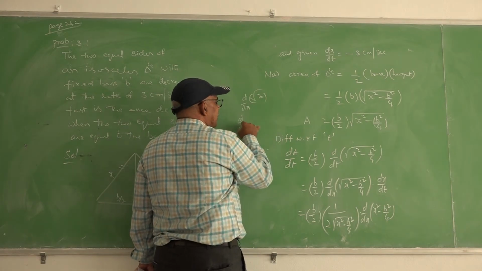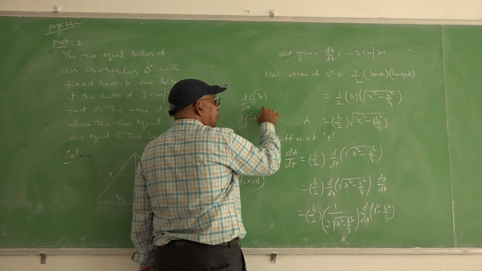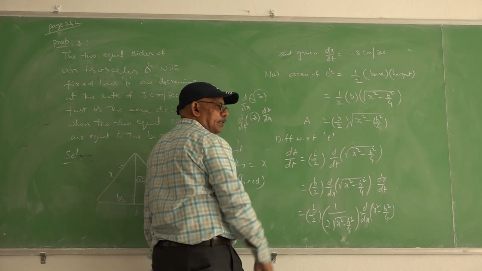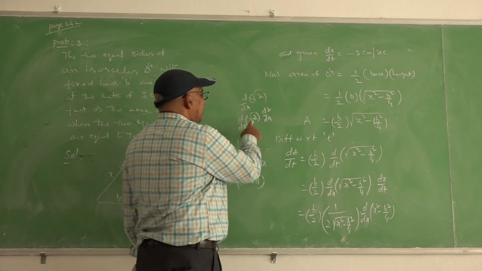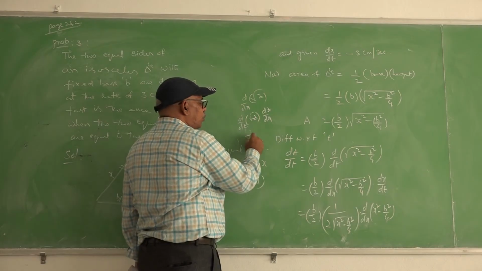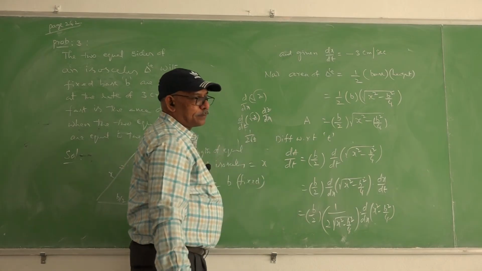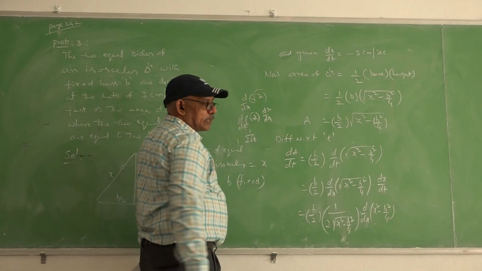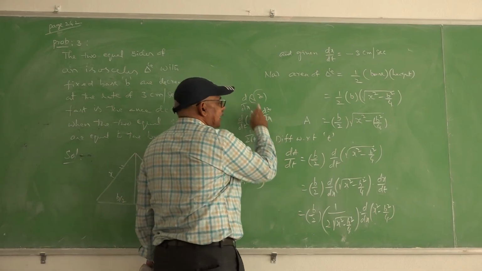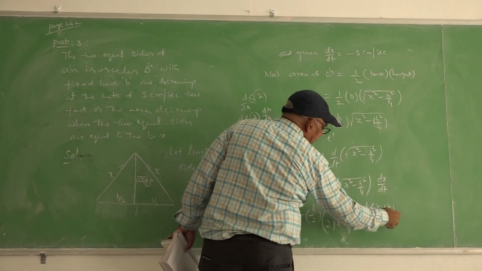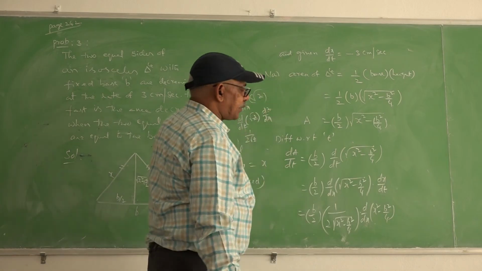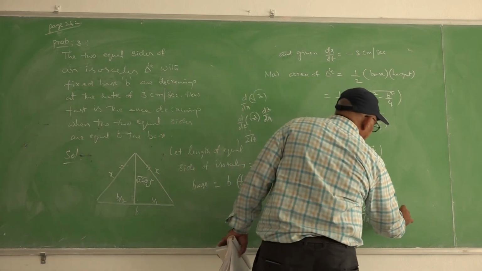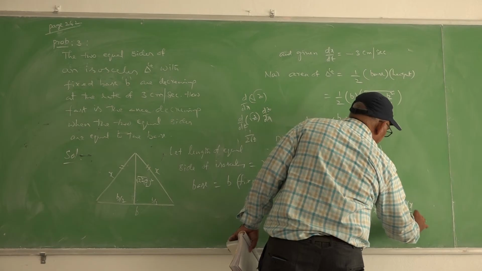So, d by dz of root z into dz by dx follows. That is the formula. D by dz of root z is 1 by 2 root z. And dz by dx, z is x square minus b square by 4, so d by dx of x square minus b square by 4 into dx by dt follows.